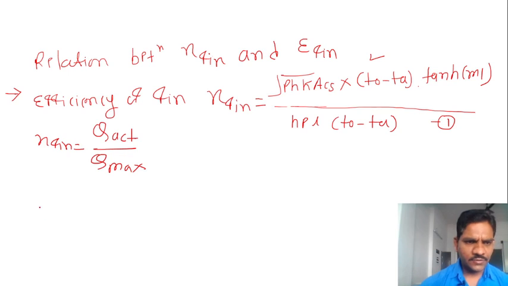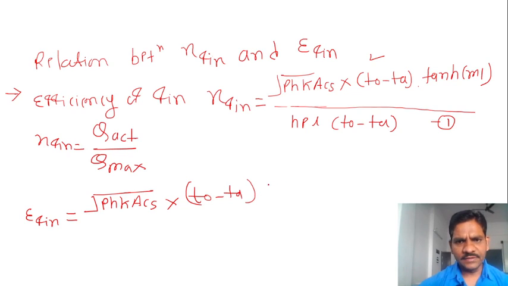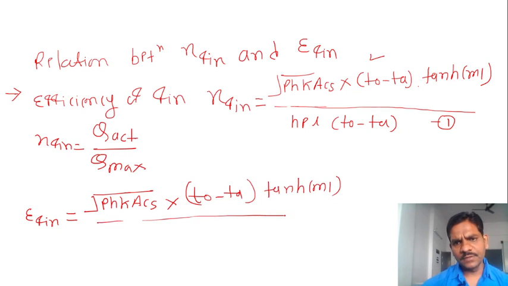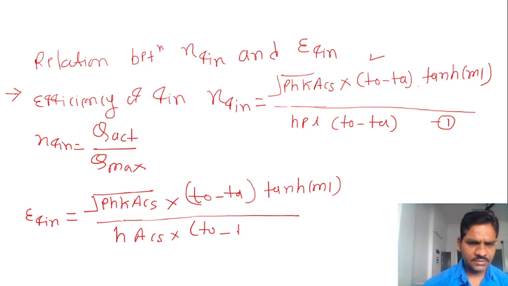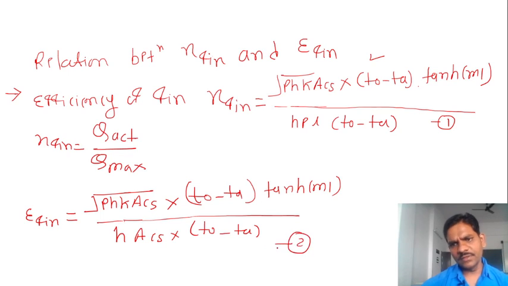And we know the effectiveness of the fin. We recently calculated this effectiveness of a fin. It is under root PhK ACS into (T0 minus TA), tanh(ml), which is the heat transfer with fin, upon the heat transfer without fin, which is hACS into (T0 minus TA). Suppose this is equation number 2. So what do we do here?